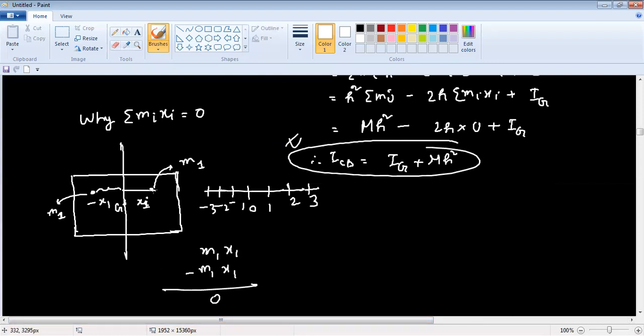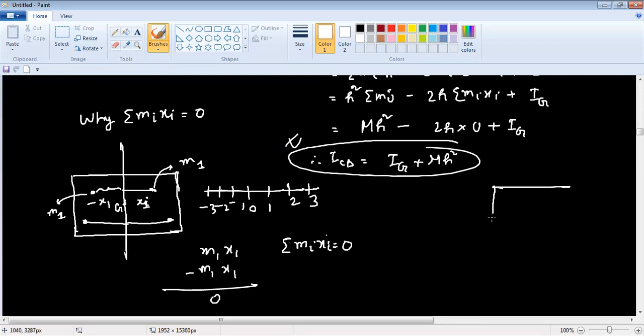That is not only for this particle. You can take another particle here, another particle here, and you can see that the sum is also 0. So overall, we can see that summation of mi xi equals 0, if x is calculated from the axis that passes through the center of gravity. Otherwise, this will not be 0.